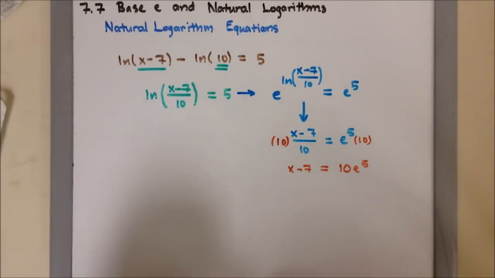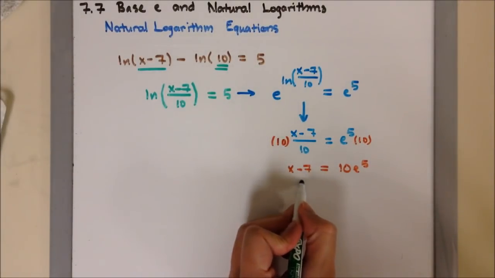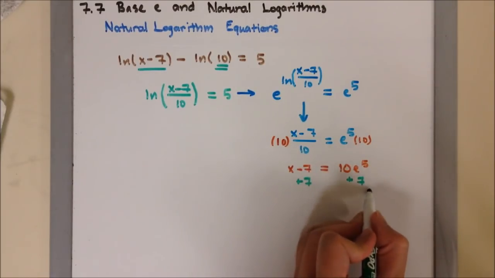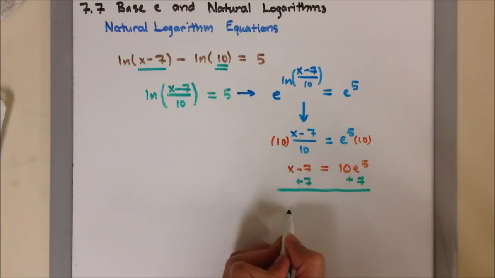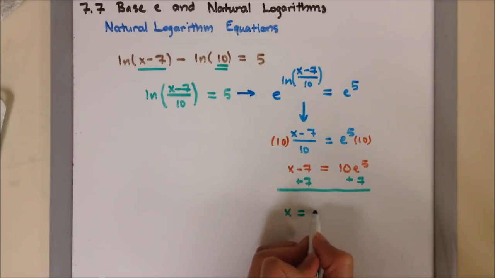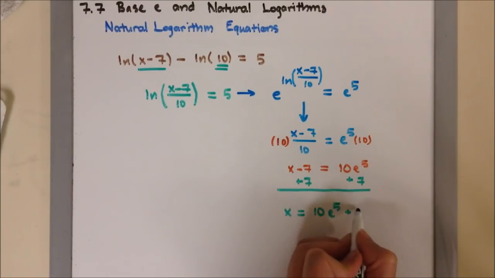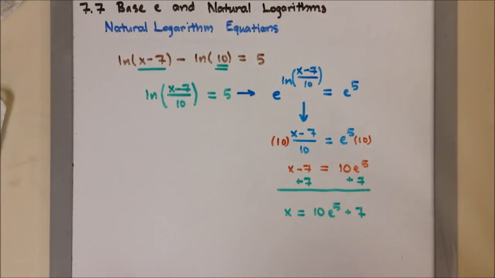From there, I'm going to add 7 to both sides. So I'm going to have x equal 10e to the 5th power plus 7. If you were just solving for x without a calculator, this would be my final answer.